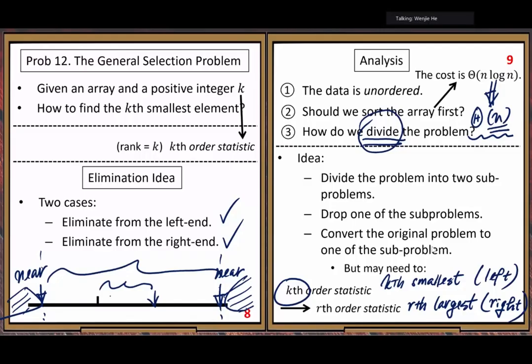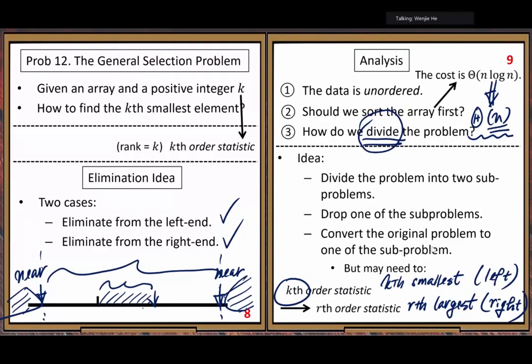Not necessarily right in the middle, because that is very hard. If you require too much, then in the divide step you need too many comparisons. So you need to do something in a balanced way.